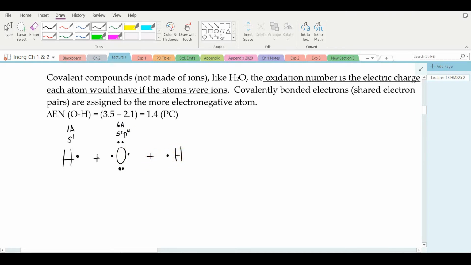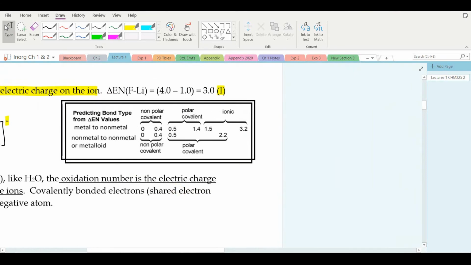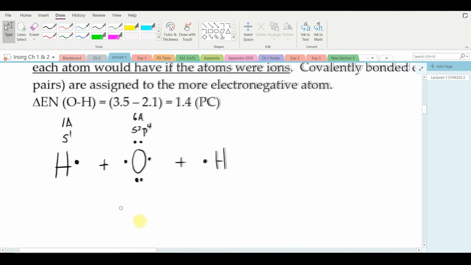Right? So when they form a bond, we calculate the difference in electronegativity between oxygen and hydrogen. 3.5 minus 2.1 is 1.4. What type of bond is that? We have to use the lower scale because it's a nonmetal bond, and 1.4 falls in this range, polar covalent, which means electrons are not shared equally, but they are shared, they're not transferred.